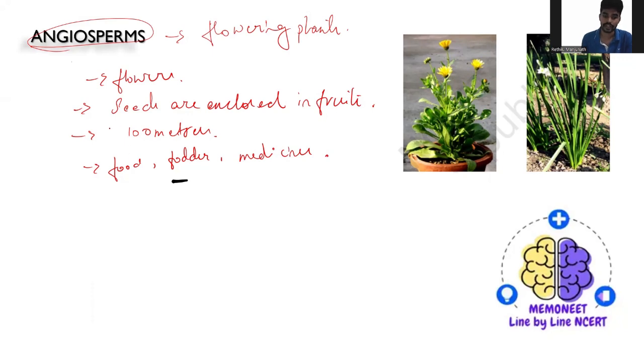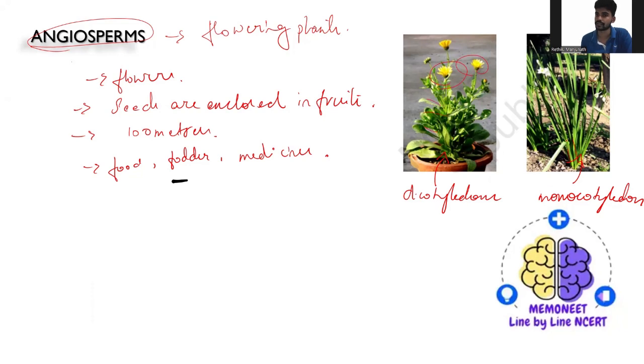Angiosperms are divided into two classes: dicotyledons and monocotyledons. Dicotyledons bear flowers, and you can see the roots and all.